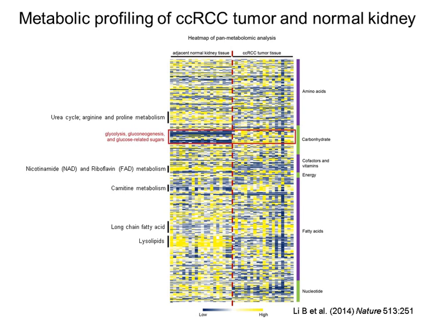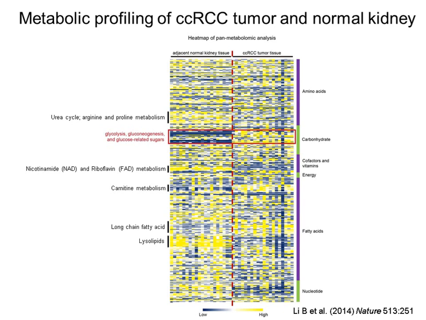What you're looking at here is a heat map of roughly 420 metabolites, comparing metabolites in kidney tumors relative to adjacent healthy kidney tissue, and we saw a number of consistent changes. For example, the renal tumors had lower accumulation of urea cycle metabolites.